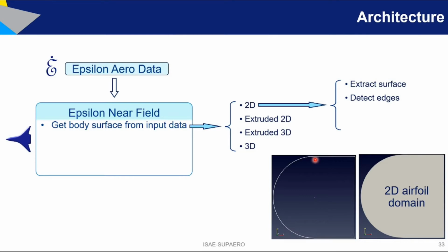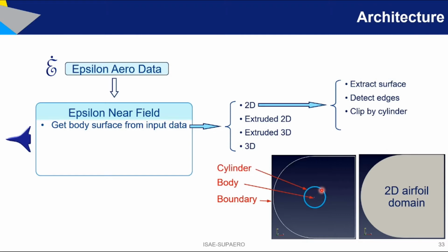Both these edges include the outer boundary, but also the body. So the main idea is basically to retain just the surface of the body and to ignore the external boundaries. And this is achieved by using a clip by cylinder operation.